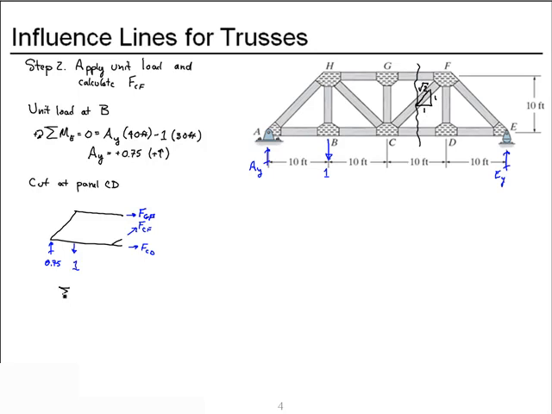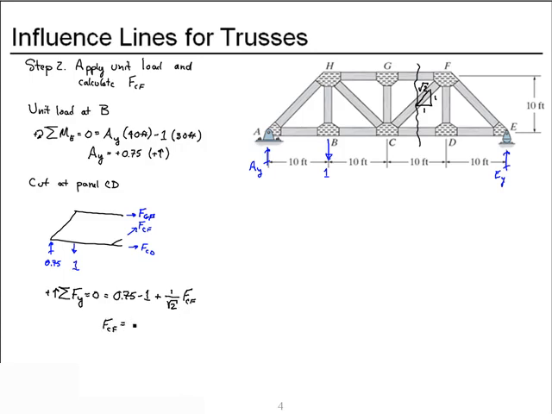Let's sum forces in the vertical direction. Choose up as positive. We get the reaction at A. Subtract the unit load, and we get only, of the 3 unknown forces at the cut, a component of CF, and it is going to be 1 over the square root of 2 times the force in CF.